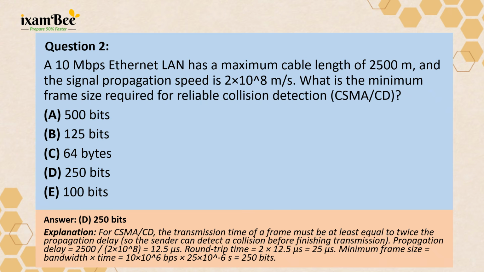Round trip time would be twice of 12.5 microseconds, which is 25 microseconds. Minimum frame size would be equal to bandwidth into time. The given bandwidth here is 10 Mbps, which is equal to 10 into 10 raised to power 6 bps, and this would be multiplied by 25 into 10 raised to power minus 6 seconds. So the answer here would be 250 bits.